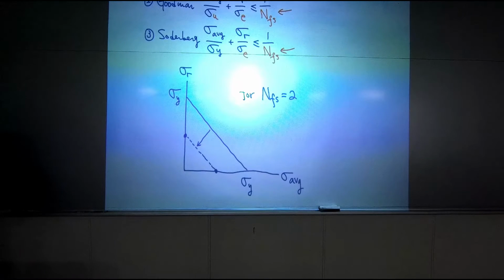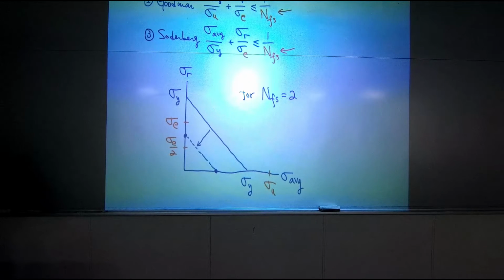So how about the other models? Let's say this is our endurance limit. This is our ultimate tensile strength. Then this is half of your yield strength, and half of your ultimate tensile strength is here. In this case, this is your Goodman with a safety factor of 2.